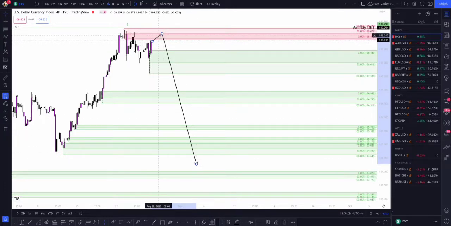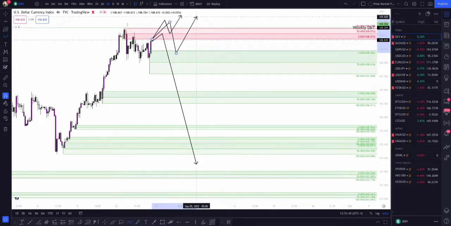However, if it does not, then we do what we always do, guys, and that is look for this supply to possibly turn into a turncoat or a flip zone, and we can take it up from there, or we will be looking for a 4-hour demand to take it to the upside. All right, so that's the dollar index.